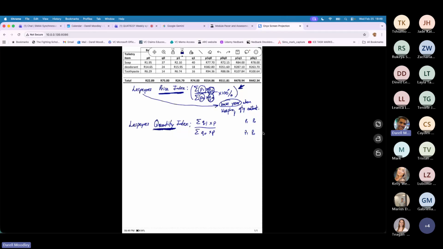That's why you have Q0 and Q0. So if you are dealing with Laspeyres again, and you need to know which price to keep constant, it's going to be the base year. That's why it's Laspeyres. So it's going to be P0. That's the formula. You derive the formula, times 100%.